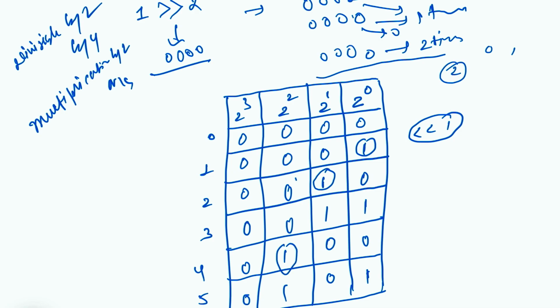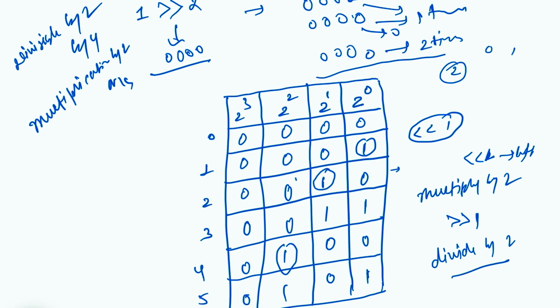So shifting by 1 to the left side multiplies the number by 2. In the same way, suppose this is 2, and if you right shift by 1 time, then what happens? It will divide by 2. Okay, so that is actually how it happens.